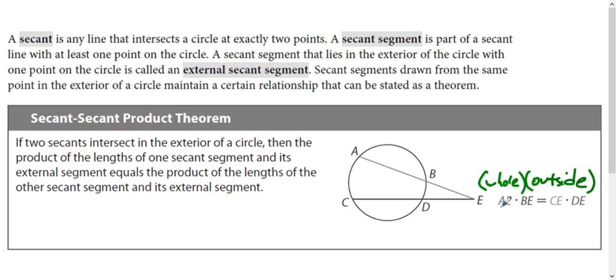Take the whole length of the secant times the outside part. That's true also for the other side. You take the whole length, C to E, times the outside part, DE. The whole length times the outside part for a secant.